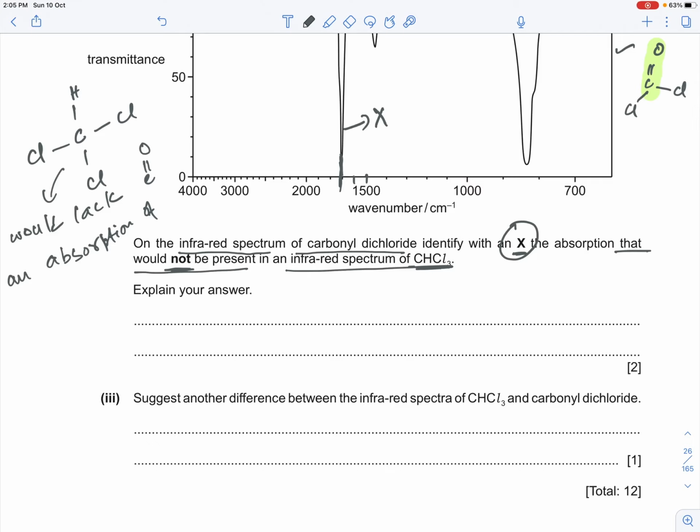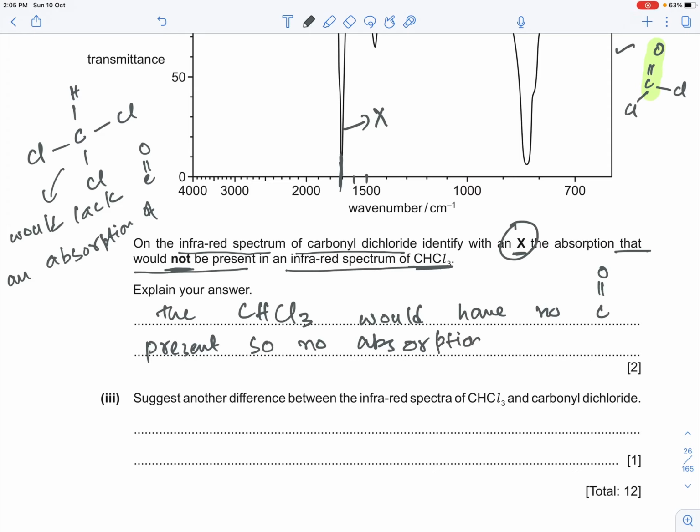And explain your answer. So what would be the explanation? The CHCl3 would have no C double bond O present, so no absorption at 1670 to 1740.